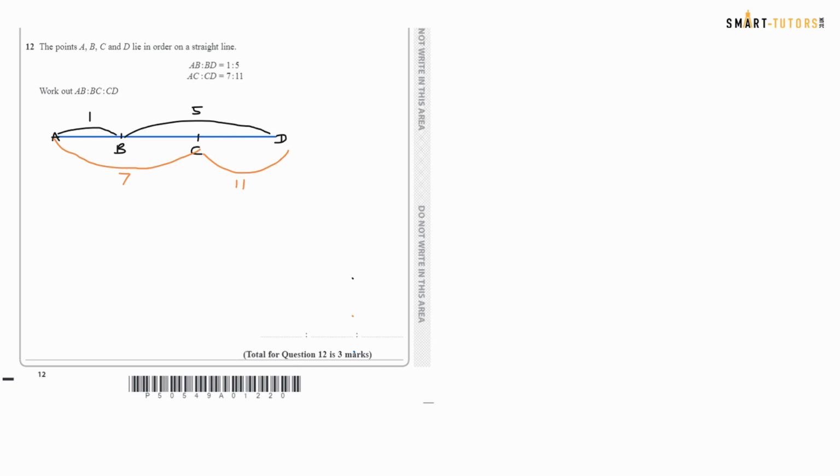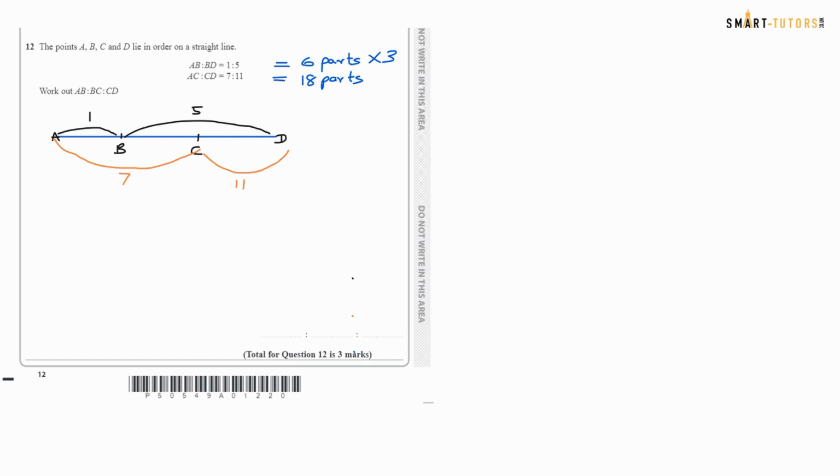The total is 1 plus 5, 6 parts, and 7 plus 11 is 18 parts. They both refer to the same length AD. So we need to make the parts the same by multiplying the top number by 3. So 3 times 6 is 18 parts. If I'm multiplying by 3 on the top, the ratio also needs to be multiplied.